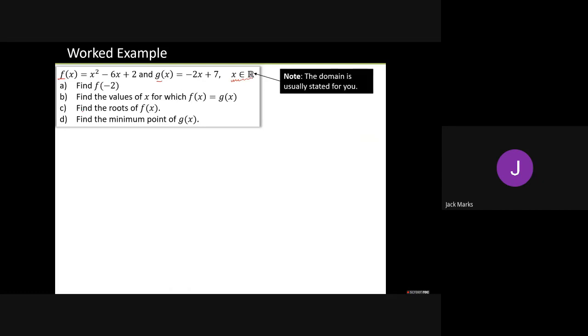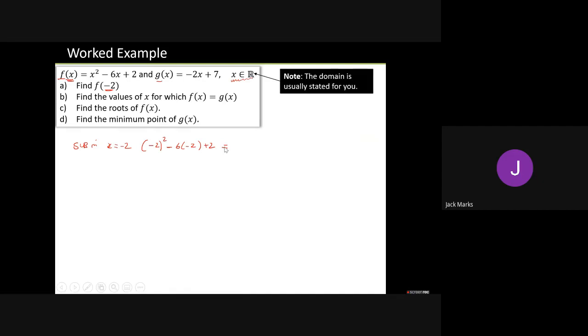So find f of -2. Well, x has changed to -2. So that means you need to substitute in x equals -2. And you would write this then as -2 squared. X squared becomes -2 squared, minus 6 lots of -2, plus 2. And you'd put that all into your calculator.